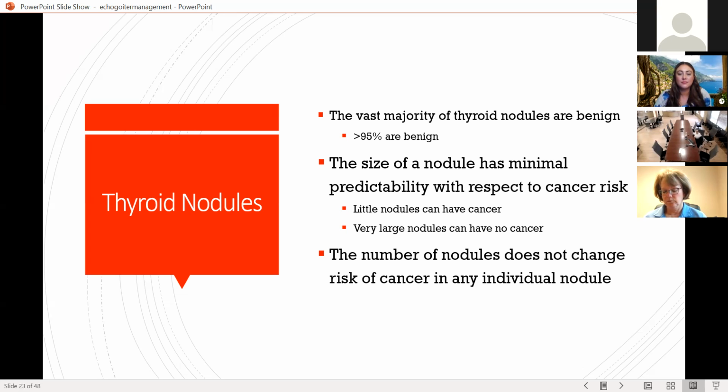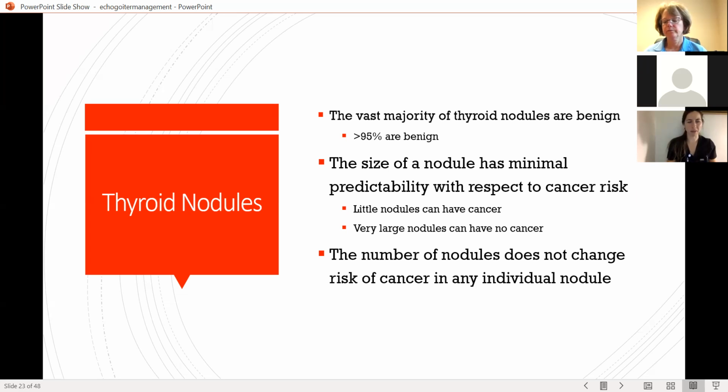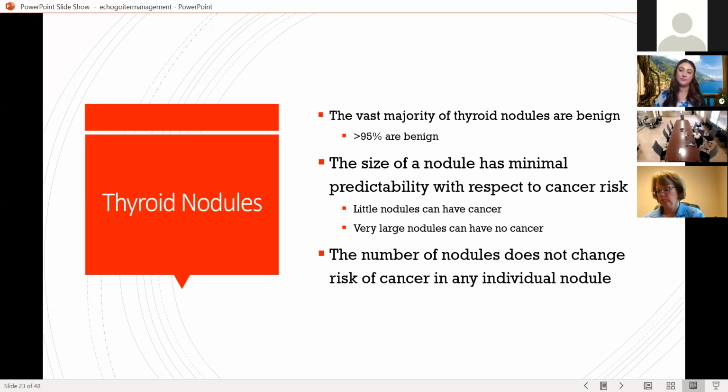So nodules don't change their cancer risk, specifically because of size. Also, the number of nodules does not change a person's risk of having thyroid cancer, in that each individual nodule comes with its own independent risk for having thyroid cancer. It is not increased simply because there's a nodule near it or multiple nodules in that thyroid gland.